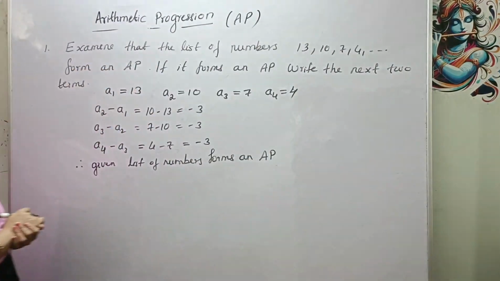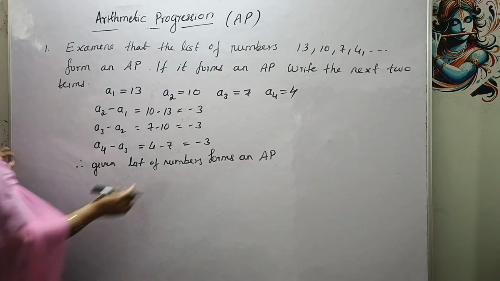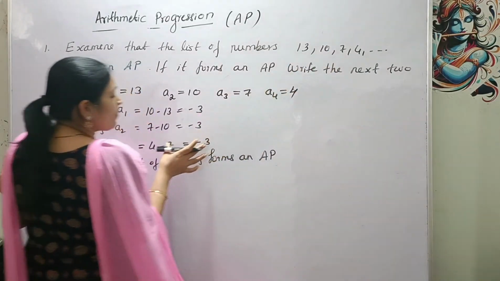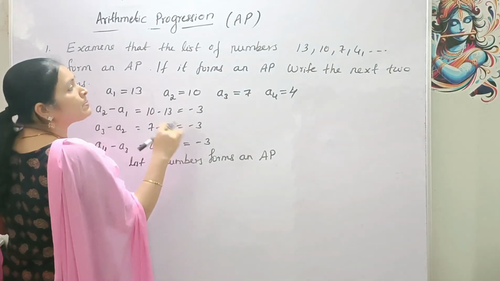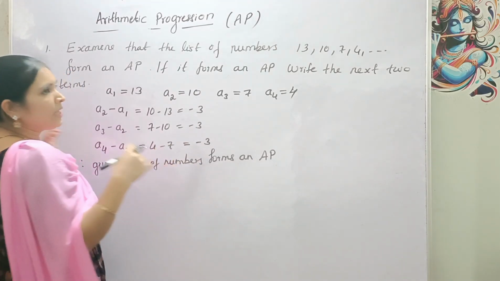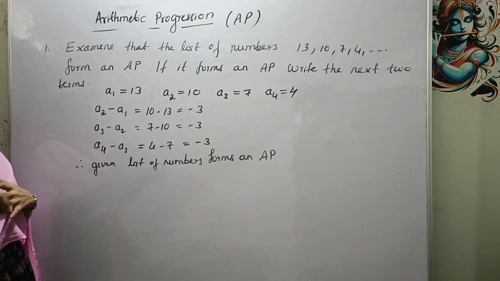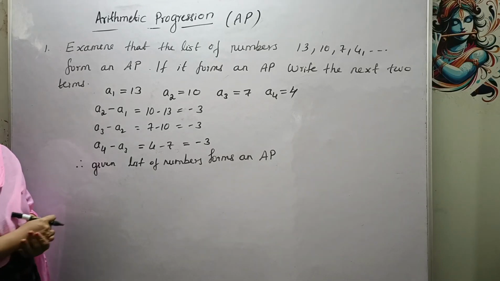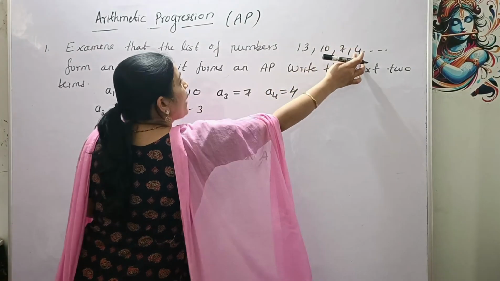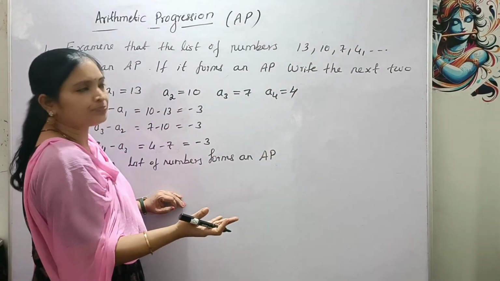And next two terms. So here, see, what is the common difference? Common difference is minus 3, right? So here we know that the succeeding term is obtained by adding minus 3 to the preceding term. So next we have to add 4 plus minus 3.